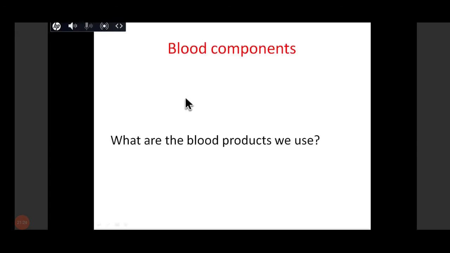As I've said before, this is what is commonly asked in your postgraduate exam. And it was in demand. You must have known that during COVID, a lot of people were asked for plasma, to donate blood and to take out the plasma. Plasma transfusion was one of the things in COVID.